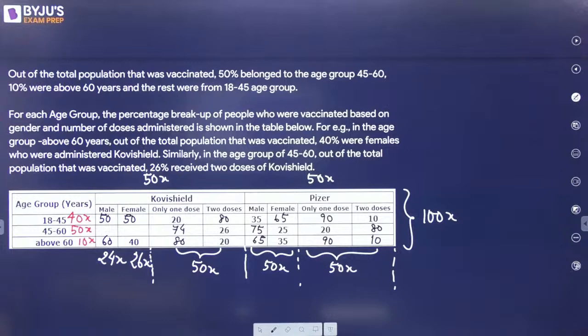Out of 50x in that age group, how many people should go to Covishield? Accordingly, that will decide how many of the above 60 go for Covishield. It should be overall 50, and the sum should be what we see here, column wise. Which is a little difficult.